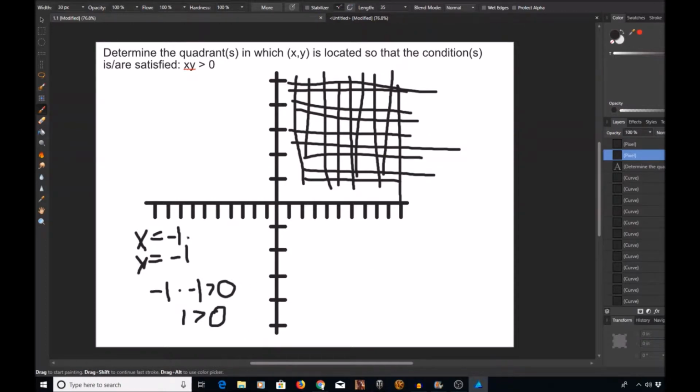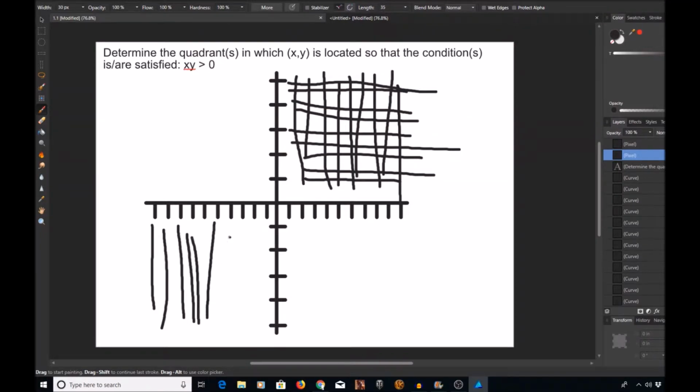And you can, again, do that with any value in quadrant 3, but because both the x and the y values are negative, and a negative times a negative number is always going to result in a positive number, which is greater than 0, we know that any value in quadrant 3 will satisfy the conditions we're given. So I'll just make this intersecting pattern here.